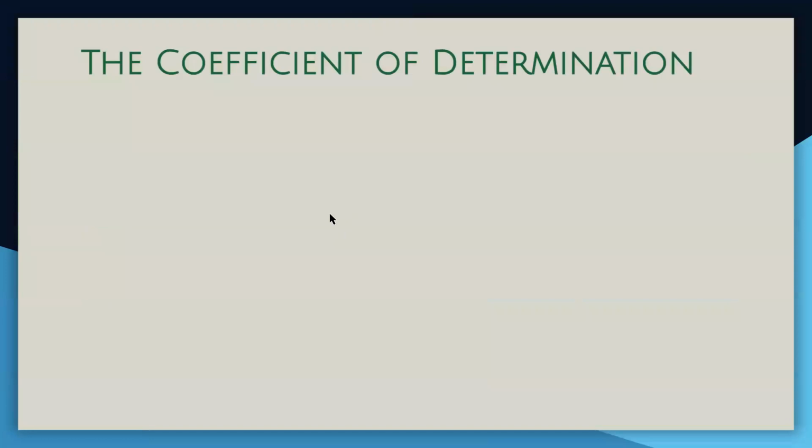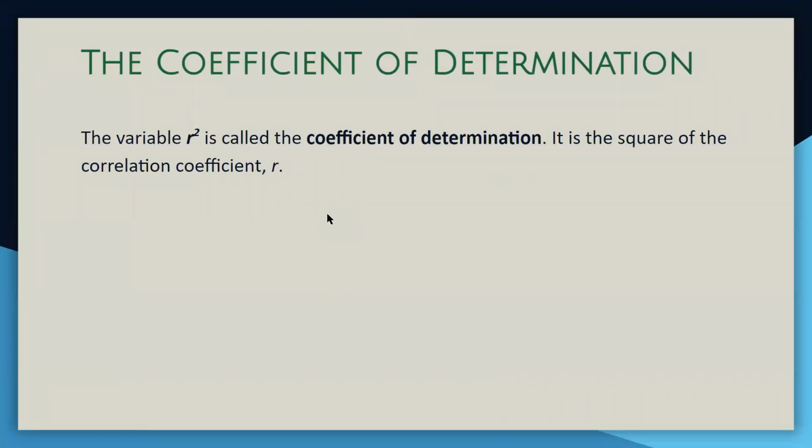Now we're going to talk about what that R squared value means. That R squared value is called the coefficient of determination. And like we saw on the last slide, it is literally the square of the correlation coefficient, R times itself.